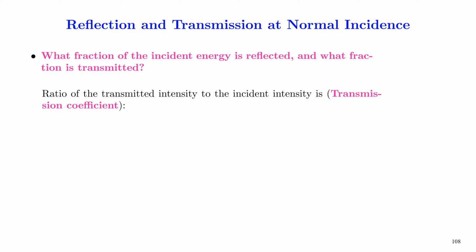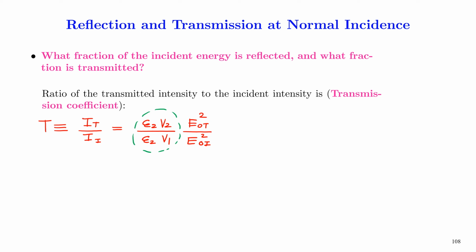Now let us try to find out the transmitted intensity or the transmission coefficient. The transmission coefficient is defined to be T equal to IT upon II. And this is equal to epsilon 2 V2 over epsilon 1 V1 multiplied by E0T square divided by E0I square. Let's do a simplification for epsilon 2 V2 upon epsilon 1 V1.